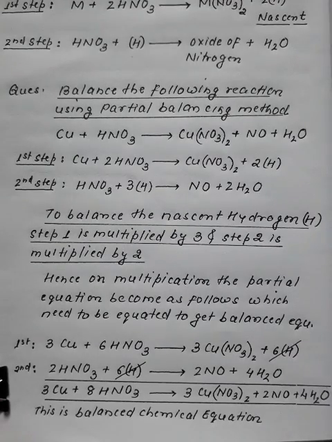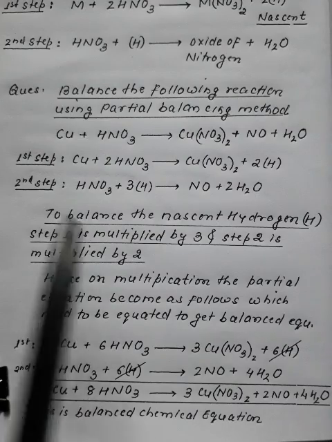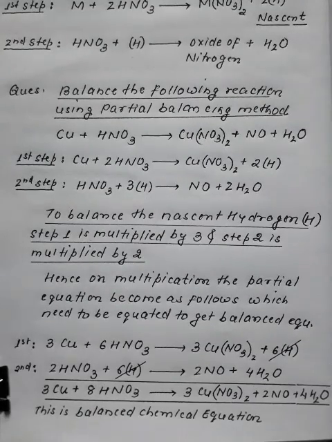So how do we proceed? If any chemical reaction needs to be balanced using the partial balancing method, what we have to do? First step, divide the skeletal reaction into 2 or more steps depending upon the need of the product. As this equation has been divided into 2, second, balance these partial steps. We have balanced these partial steps.